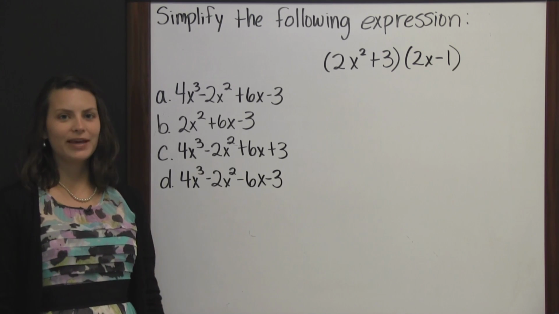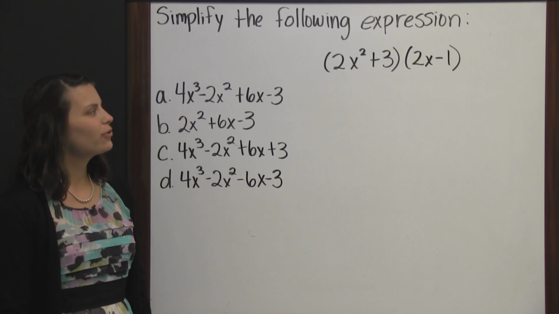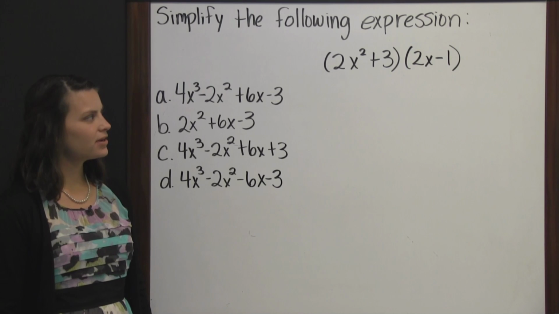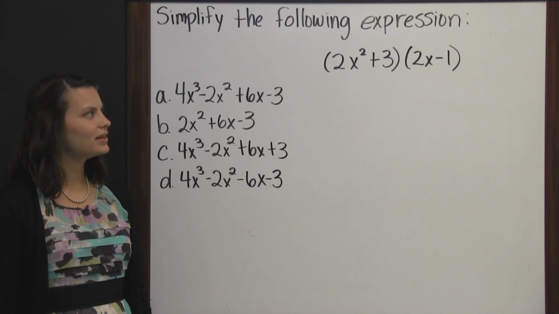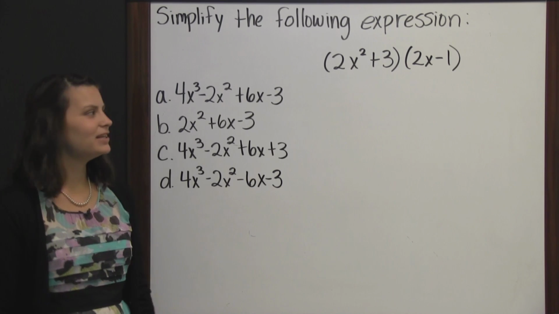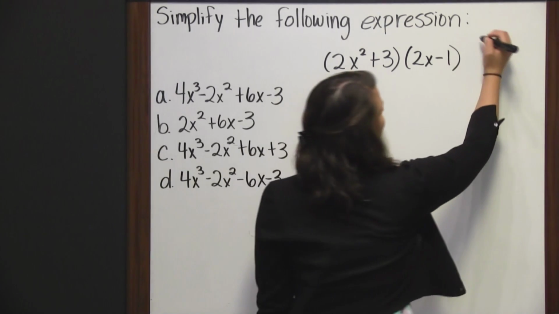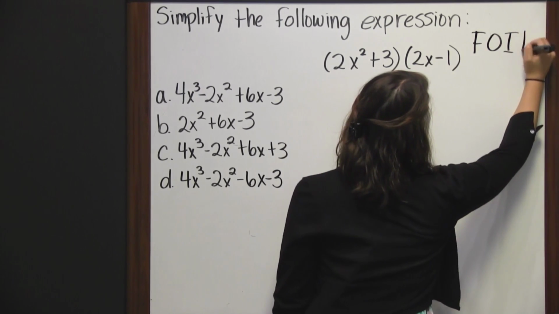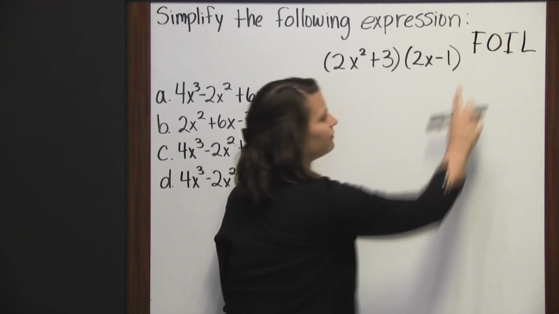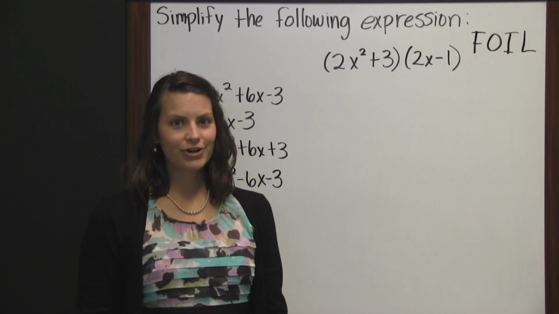Simplify the following expression. The quantity 2x squared plus 3 times the quantity 2x minus 1. To simplify, we need to FOIL. The F in FOIL stands for first.